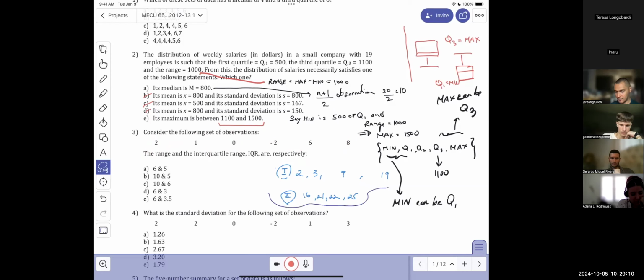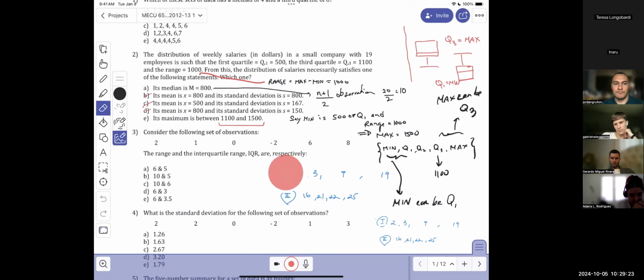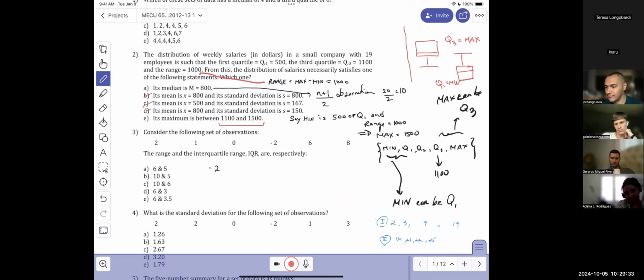So if you put them in order, -2, 0, 1, 2, 6, 8.